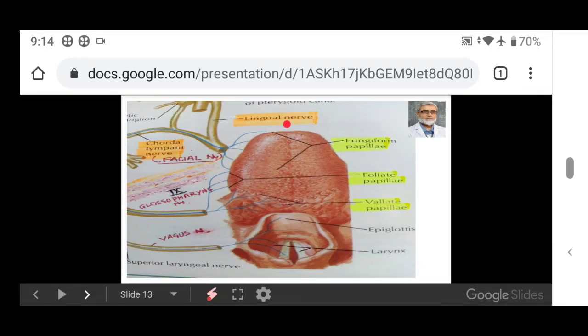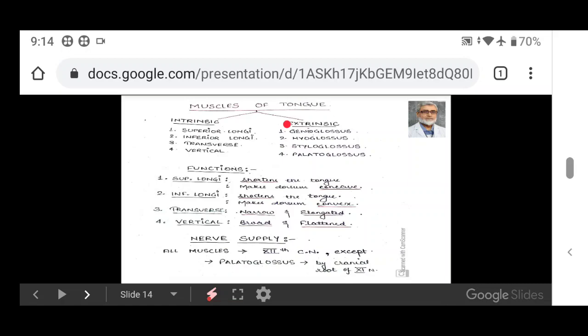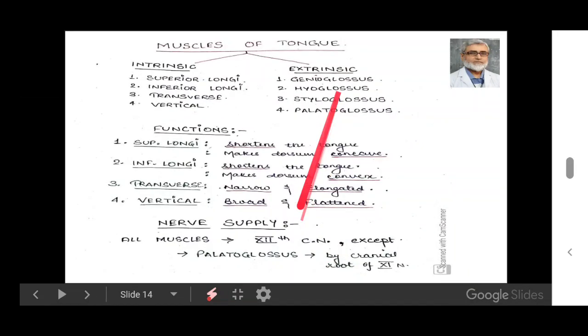Now come over to the muscles of the tongue. It has two groups of muscles, extrinsic and intrinsic, each 4 in number. The intrinsic muscles are 4: superior longitudinal muscle, inferior longitudinal muscle.